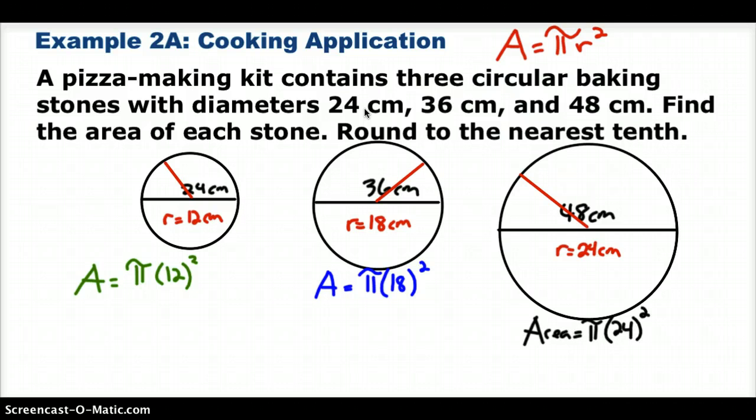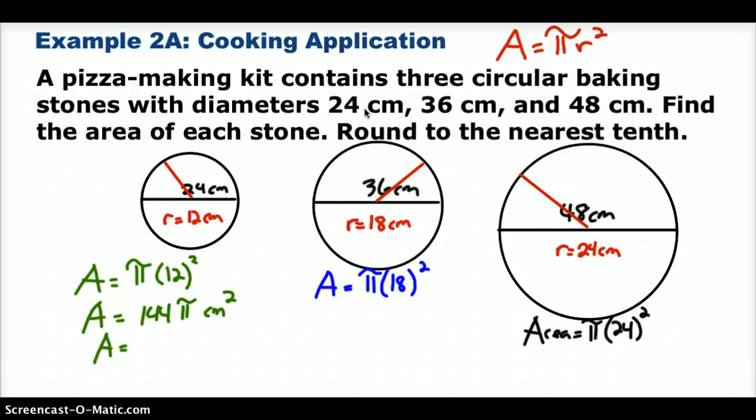So plugging these into your calculator, let's maybe just do the 12 squared part first. So we'll say that the area is going to be equal to 144 times pi. And this is going to be square centimeters. Then we'll evaluate the 144 times pi.